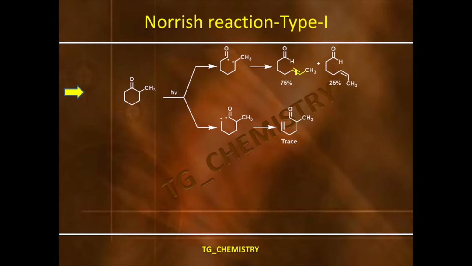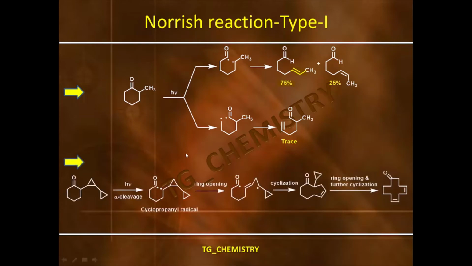Here you can see the thermodynamically stable trans double bond as the major product and the cis olefin as the minor product, whereas the less stable diradical system can lead to the formation of the olefin compound in trace amount. So from here we can conclude that the radical stabilization after alpha scission in the Norrish type 1 reaction is quite important when determining the majority of the product.